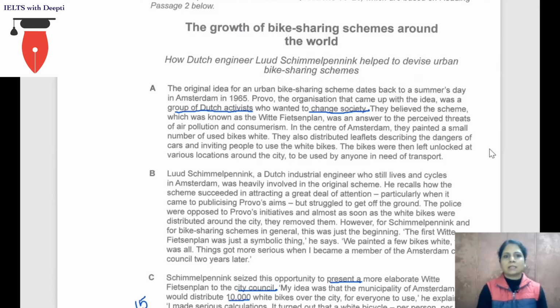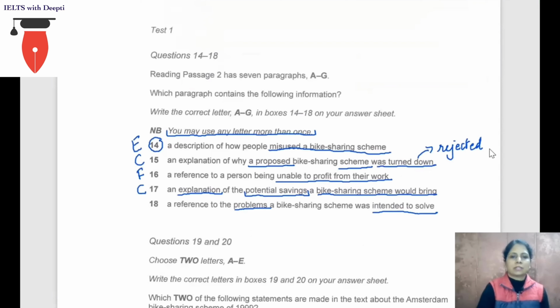They came up with an idea and they thought that their idea would provide an answer to the perceived threats of air pollution and consumerism. Okay, and then they painted a small number of used bikes and they wanted to start something that would be useful for the environment. So if you look at number 18, it is talking exactly about what the question is asking. So for 18, the answer choice can be A.